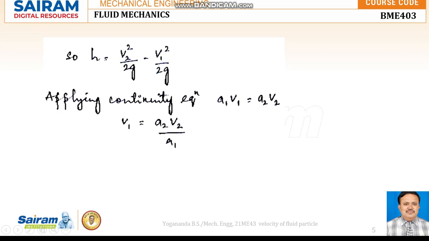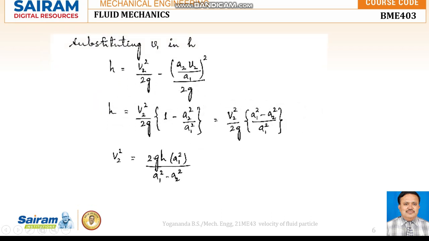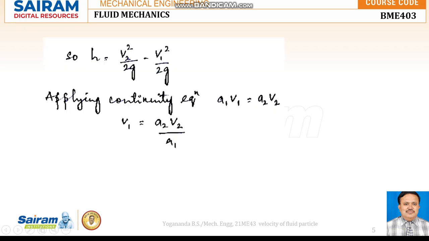So applying continuity equation at section 1 and 2, we have A1 V1 is equal to A2 V2. So we have V1 is equal to A2 V2 divided by A1. So substituting V1 in the H equation. Either we substitute V2 in terms of V1 or V1 in terms of V2.